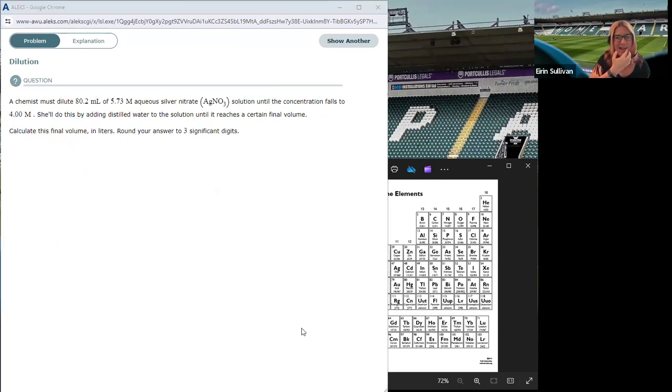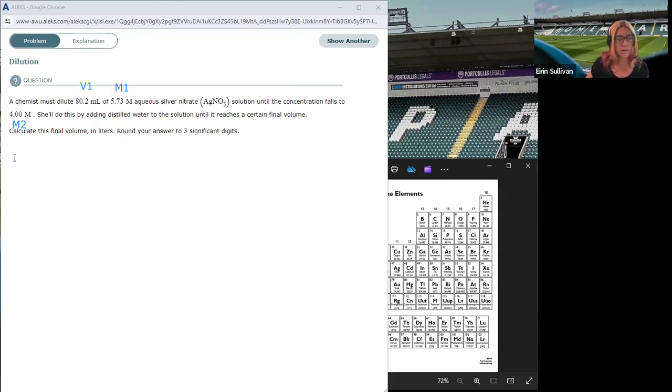We have to dilute 80.2 milliliters of a 5.73 molarity aqueous solution until the concentration falls to 4 molarity. So that must be the final concentration. The initial concentration is given here, and this is the initial volume.